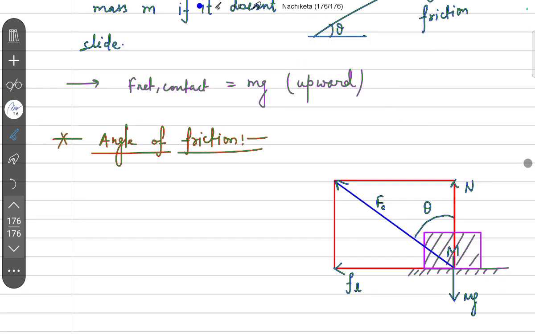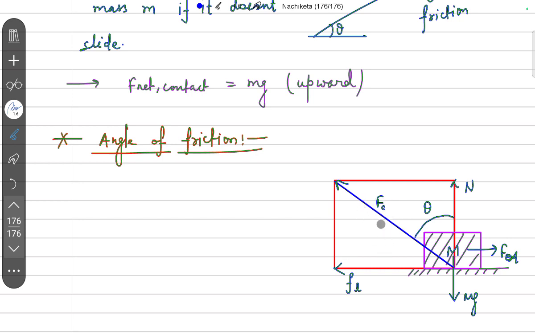So angle of friction we define, it is the angle made by net contact force with normal. Maximum, you can say it is the angle made by maximum contact force with the normal.